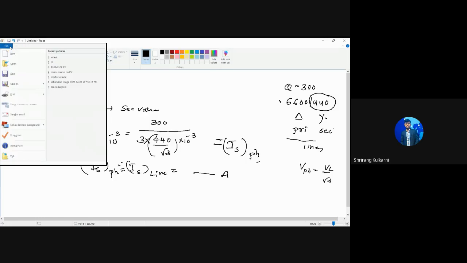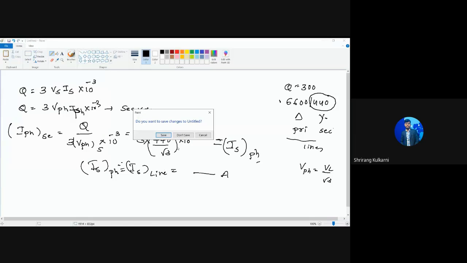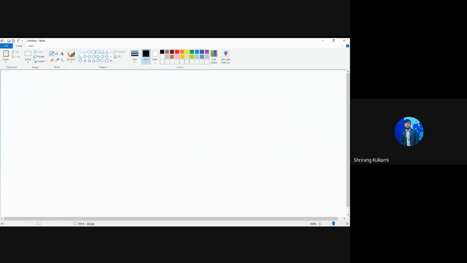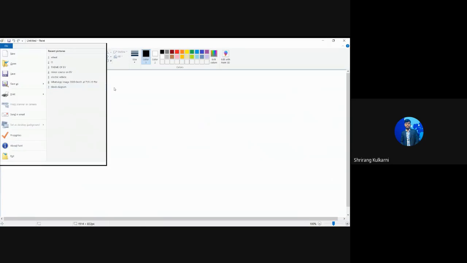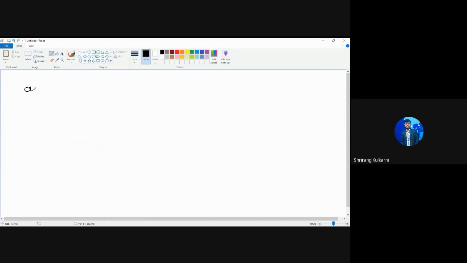Area calculation. AP and AS calculation. How to calculate AP and AS here? What is the current density? Current density is equal to IP by AP, correct?